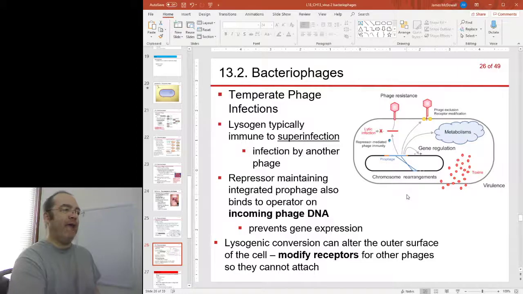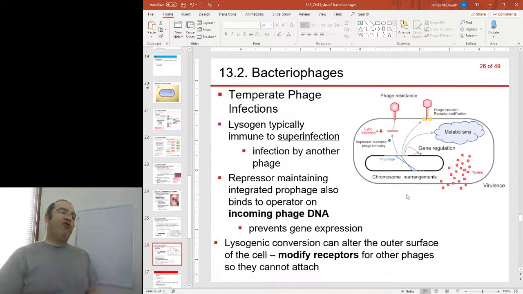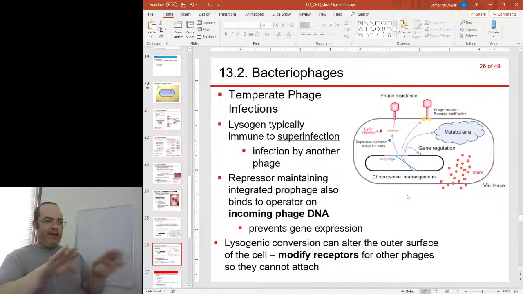Now, whilst a bacteria has a prophage, it's in the best interest of the prophage to maintain the bacteria in a healthy state. Healthy bacteria keeps the prophage inside it, keeps on replicating, passing on the prophage through time.